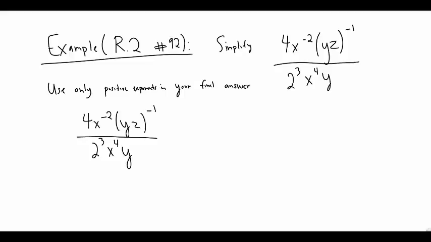Let's see what simplifications we can make using our laws. First, let's deal with this part right here. Let's have only single variables to powers in our expression. So we need to deal with this power of a product.